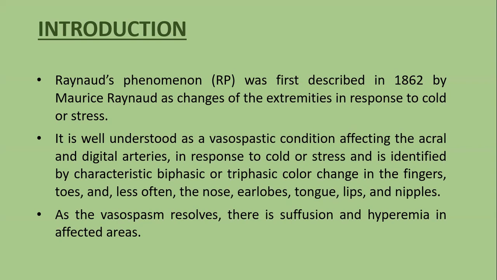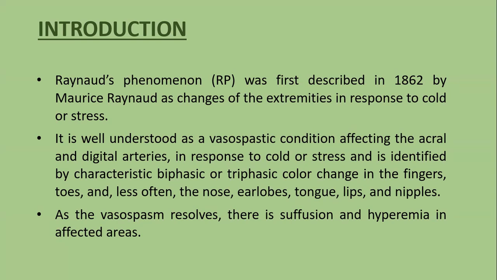And it occurs in response to cold and stress, because both the cold and the stress result in autonomic vasoconstriction of the blood vessels. And there are typical biphasic or triphasic color changes, which I will explain later.